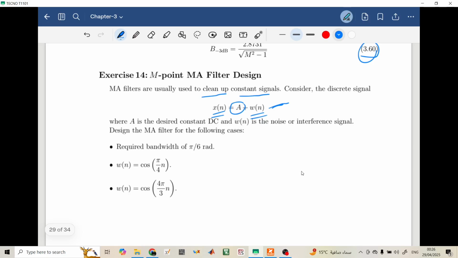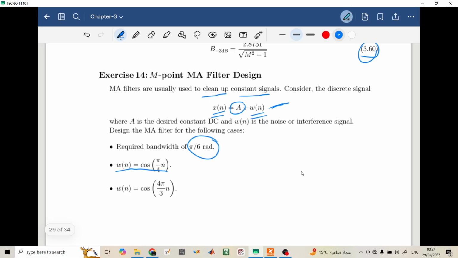Let's study 3 cases. Let's say that we want to design a filter, of course a moving average filter, with a bandwidth of pi over 6 radians. Okay, so this is the first requirement. Another different requirement, let's say that we want to remove an interference or noise of a cosine of pi over 4 n.